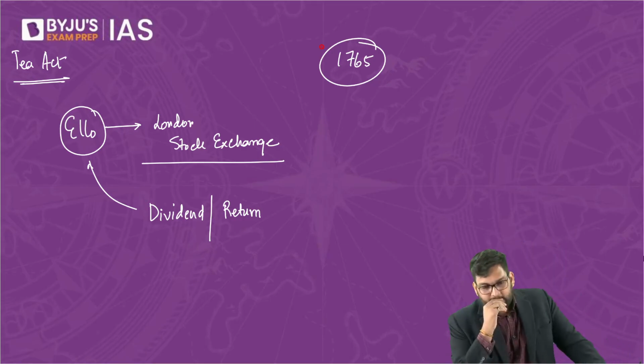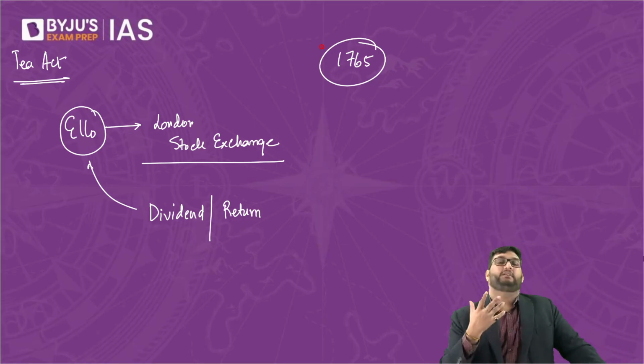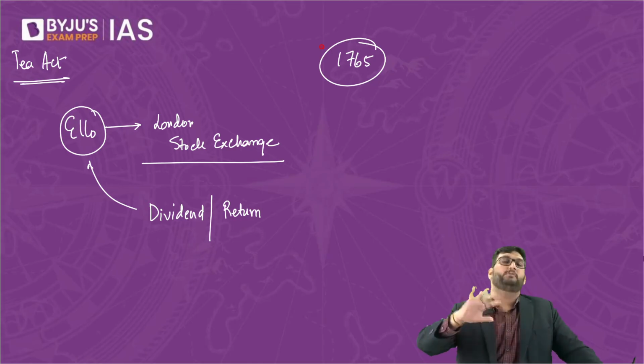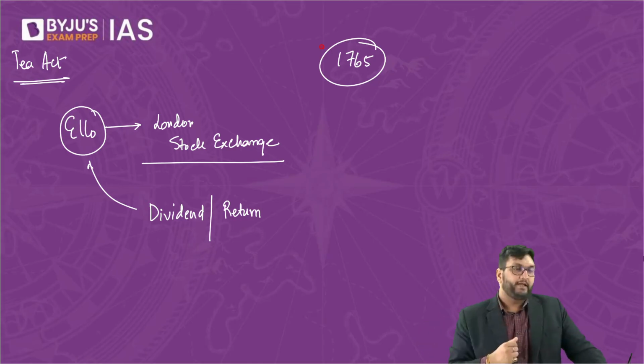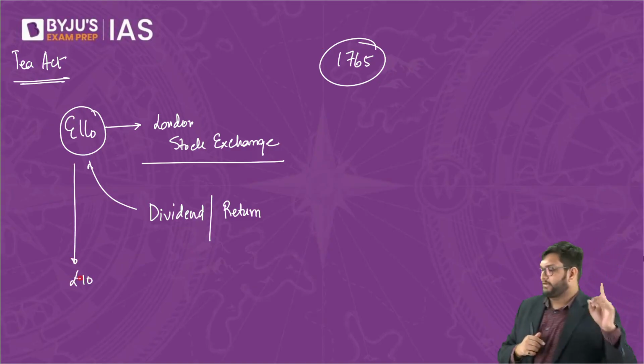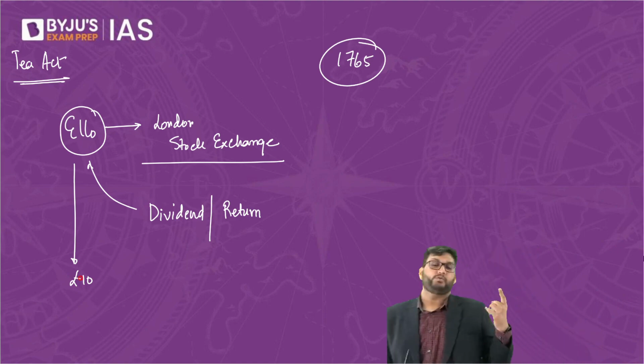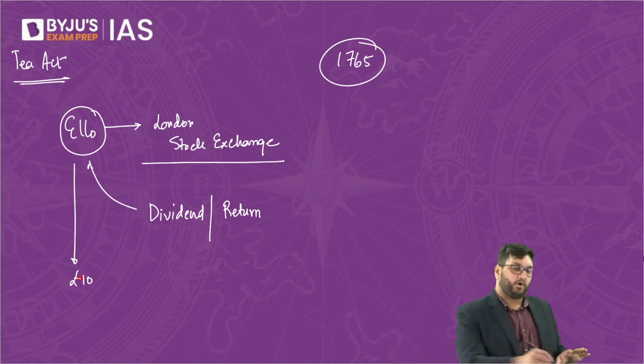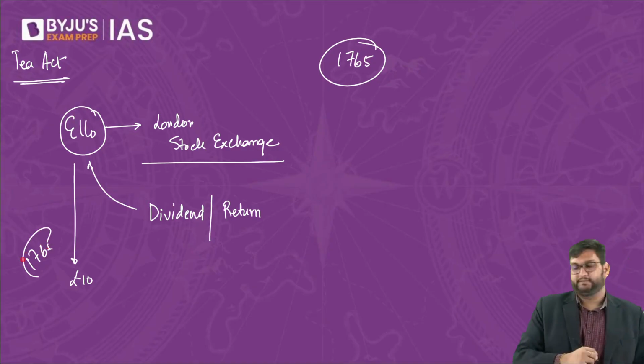Now, when Clive got to know about Bengal's revenue, let's presume that the East India Company stock was 10 pounds for one stock. This is on the eve of getting the Diwani.